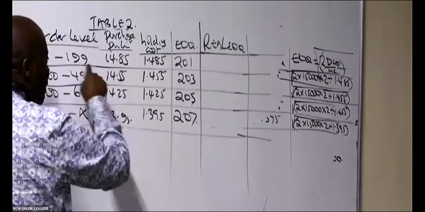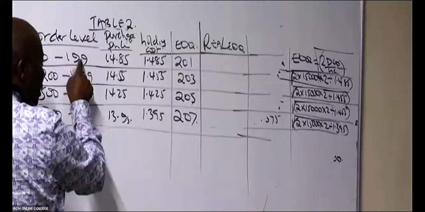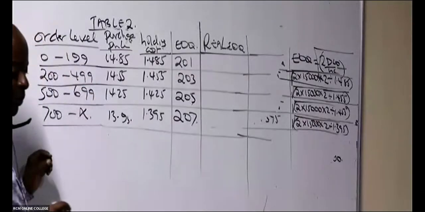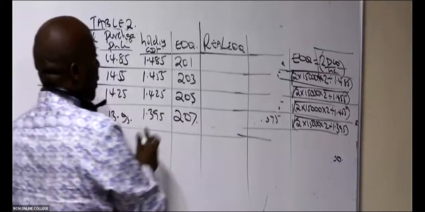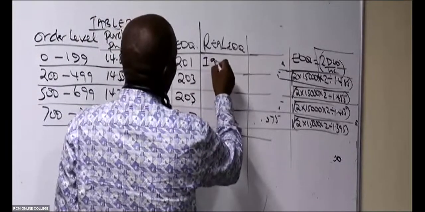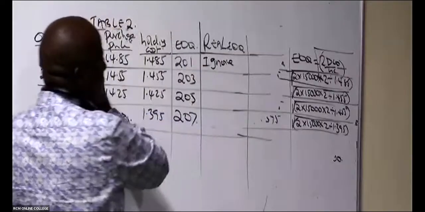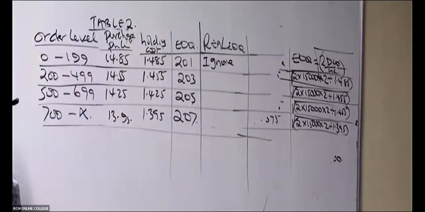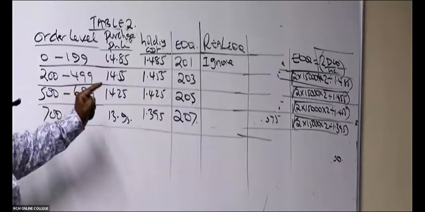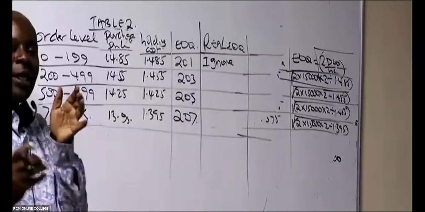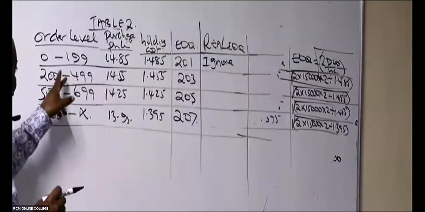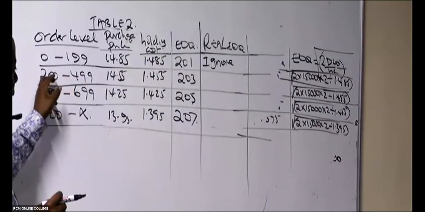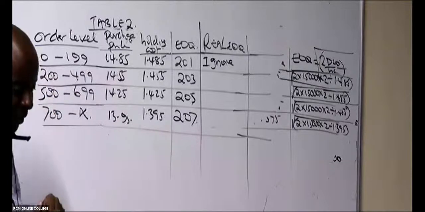Now 201 is higher than this upper range value. What shall we do? Ignore. So this one here we shall ignore. 201 is more than 199. Look at 203. 203 in this case falls within the range, inside the bracket.